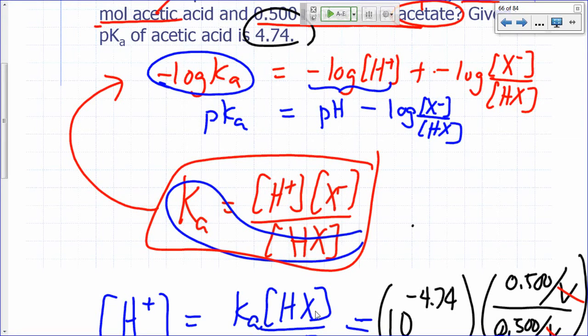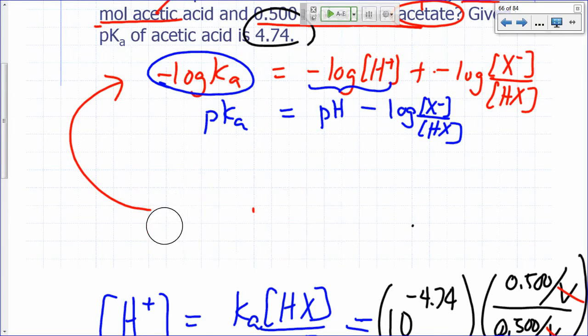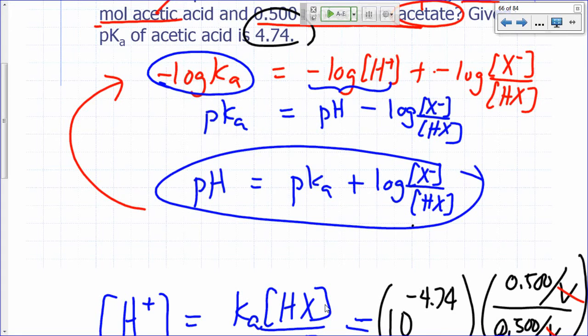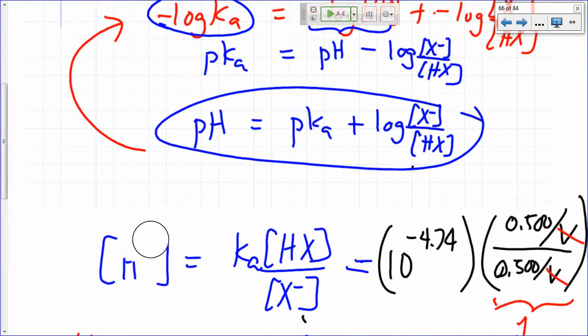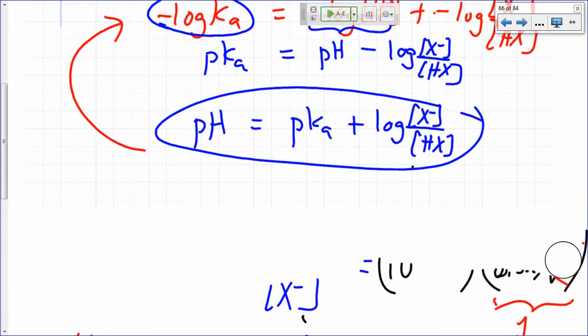And so let's rearrange this to solve for pH. Then you can say pH equals pKa plus log of base over acid. This equation right here is a very useful equation for quick calculation of pH if you know the pKa and you know the base to acid ratio.